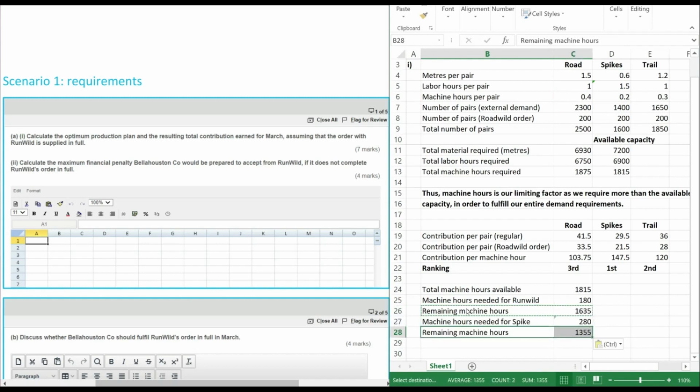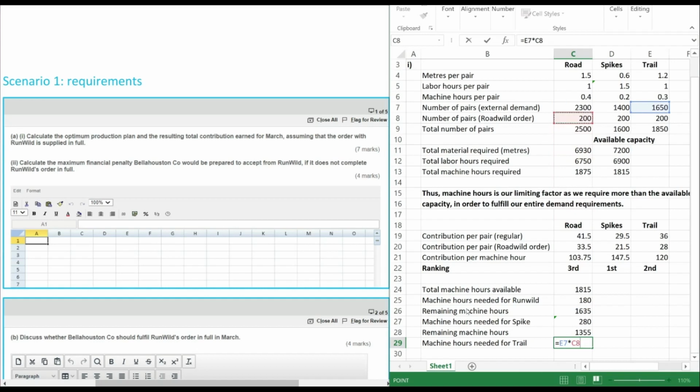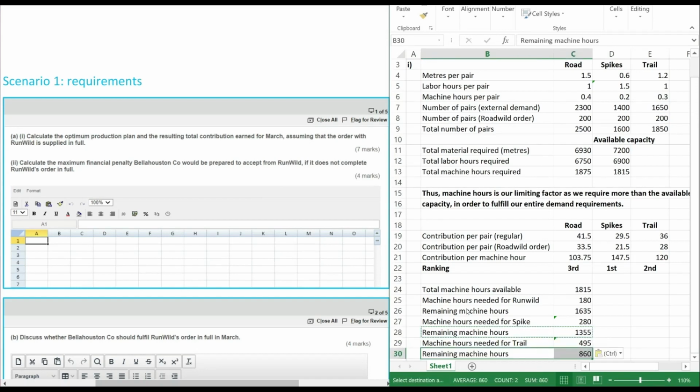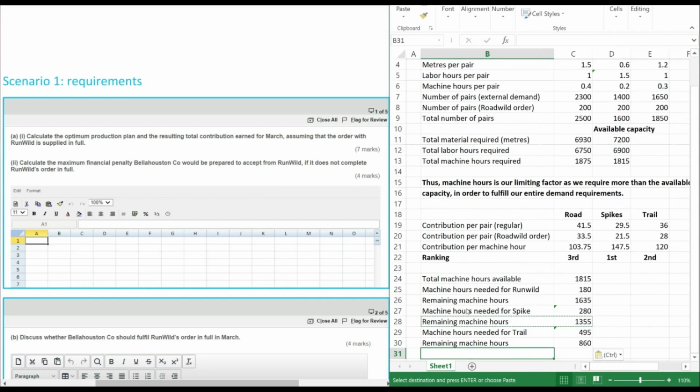We can copy this formula down below. We still have 1,355 machine hours left. Second in rank was trail, so machine hours needed for trail will be the number of pairs, 1,650 into 0.3, which will give us 495. Once again, we'll just copy this part below, which gives us 860.